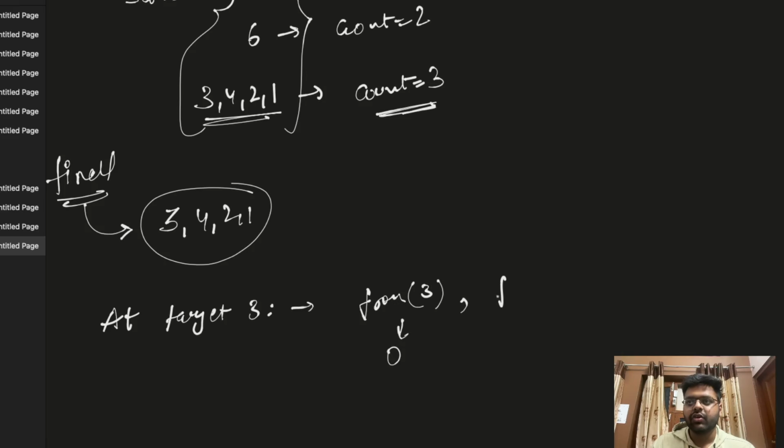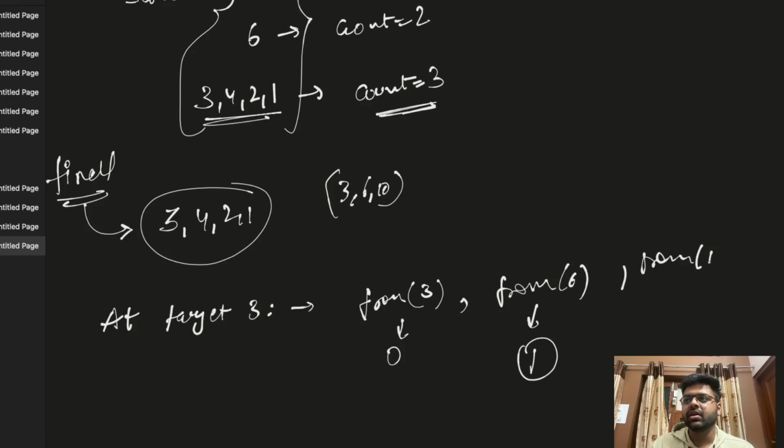The array was 3, 6 and 10. From 3 to 3, I'll need 0 steps. From 6 to 3, 1 step is required. And from 10, I would be requiring 3 steps. So in total I would be doing 4 steps.